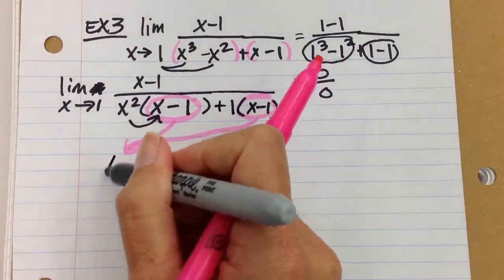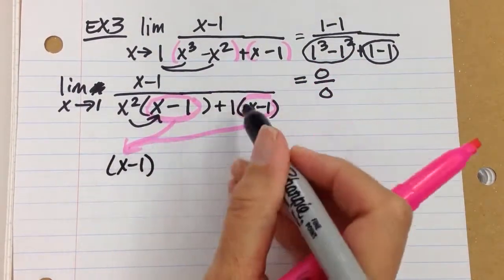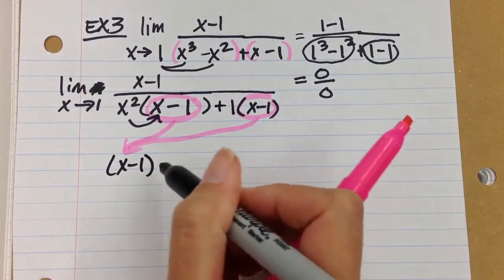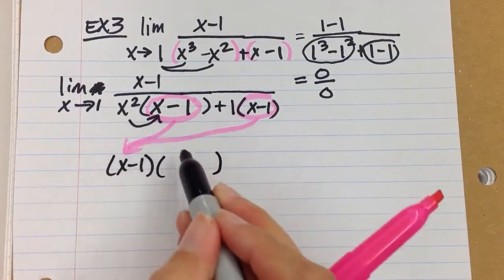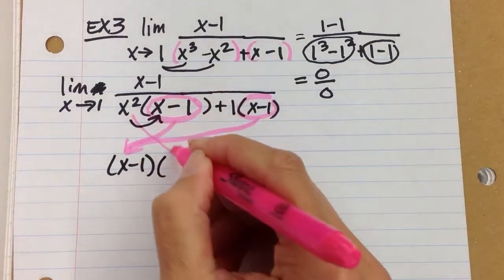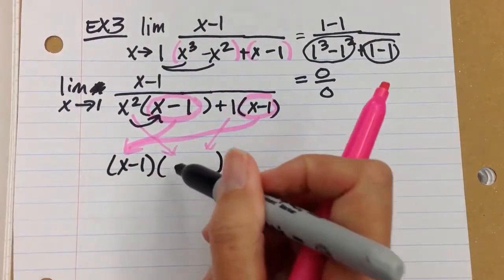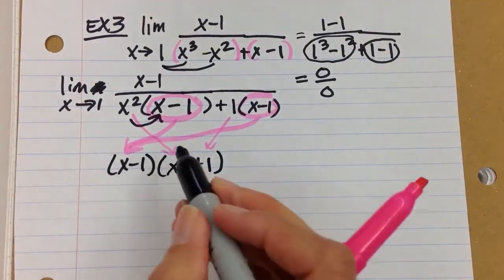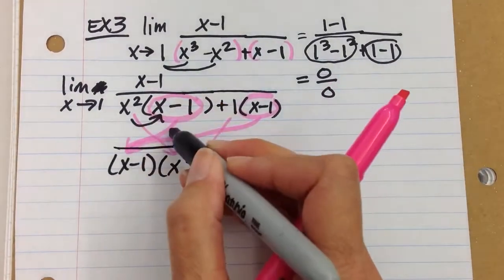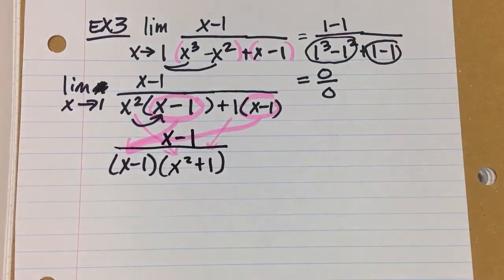That's going to be an x minus 1. And then what's going to go in the other parentheses is the other stuff that we haven't factored out, this x squared and this 1 right here. So x squared plus 1 is how you factor this, all over the x minus 1.